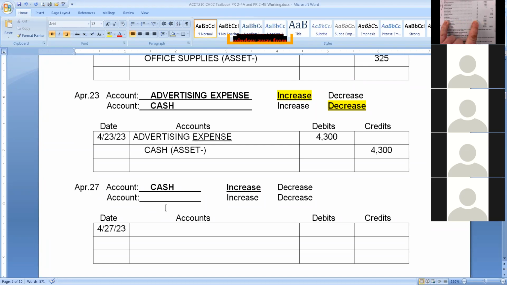We paid them $2,500, but we shouldn't have. So now we have to reverse that out. I said expenses are always debits. That's me lying. If there's an error, you can run into a credit, and that's what this is. This is the error. We're going to make the correction.